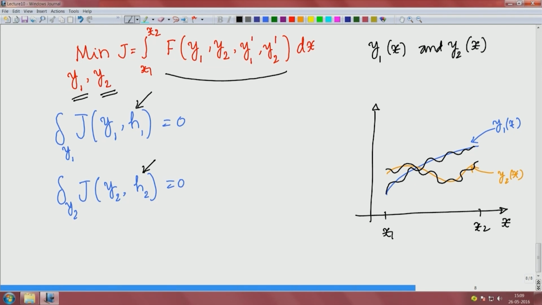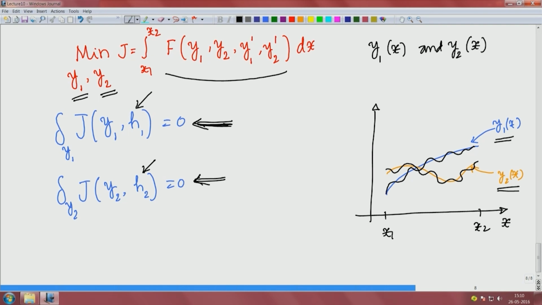So, we take one function, keep the other one constant and take the variation, that is, you take perturbation only in y1 first, then you arrive at this differential equation, then you perturb with respect to y2, then you get this differential equation. Both of these differential equations we have to solve simultaneously, because just because variation is taken with respect to y1 does not mean that this equation will have only y1, it will have y2 also.